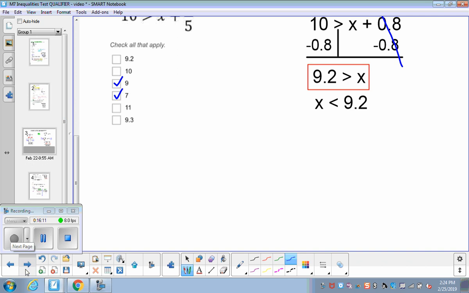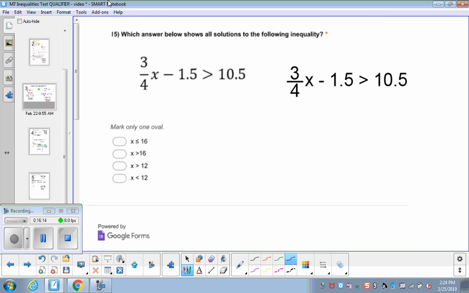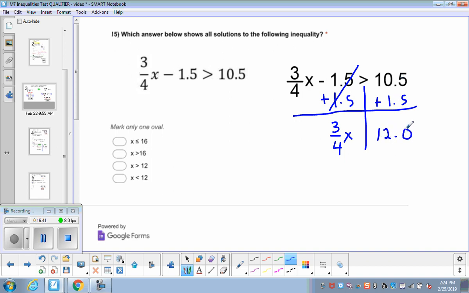And I think we have one more question left, and here it is, question 15. So for question 15, you have your 3/4 x minus 1.5 is greater than 10.5. So when you drop the line, you're going to identify the constant as negative 1.5, and we add 1.5 on both sides. That's going to cancel out, and this time our fraction is a coefficient, so we will need the reciprocal. 10.5 plus 1.5 is 12.0.